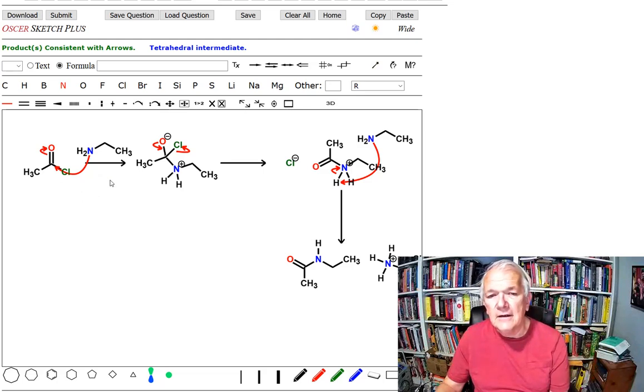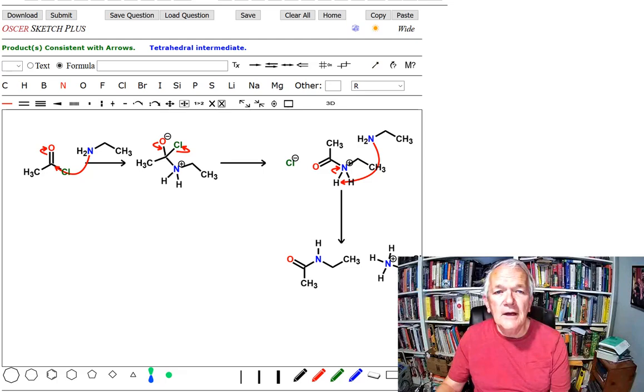Like you could use pyridine again, or sometimes people actually do this reaction with hydroxide if you're quick, because the amine is a much better nucleophile even than hydroxide. So anyway, you do need your amine and some base, and the easiest thing is just to use 2 moles of the amine. So okay, so that's the amide.